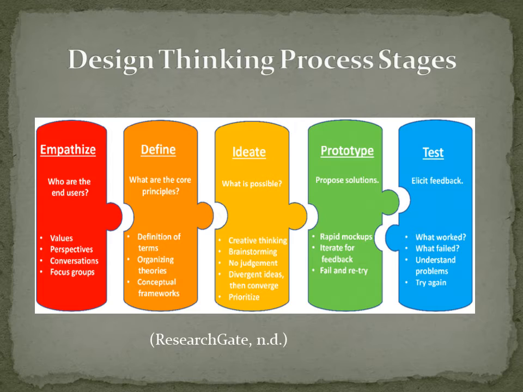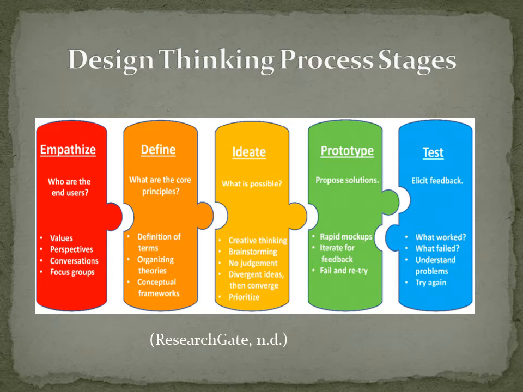So the design thinking process moves through different stages. The first one is the empathize stage, which is followed by the defining stage, then the ideate stage, prototype, and after that the testing stage.